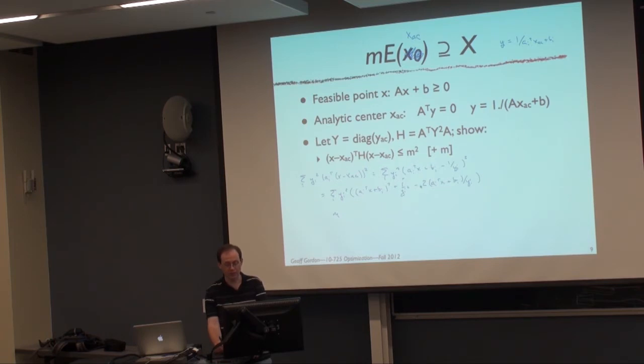So we can make the whole thing bigger by just dropping it. So we'll put less than or equal to m, and we've taken care of this term. And then plus sum of yi squared (ai transpose x plus bi) squared, right?